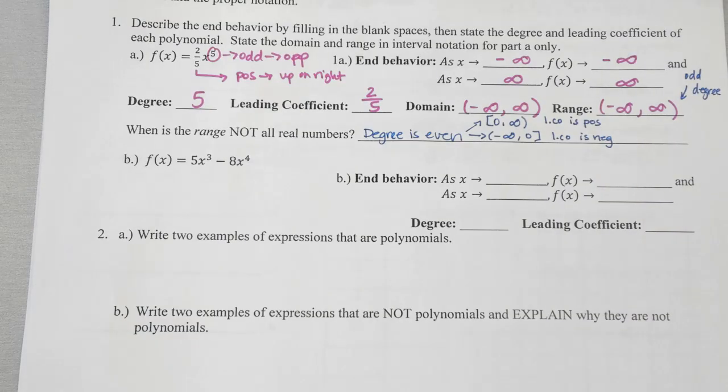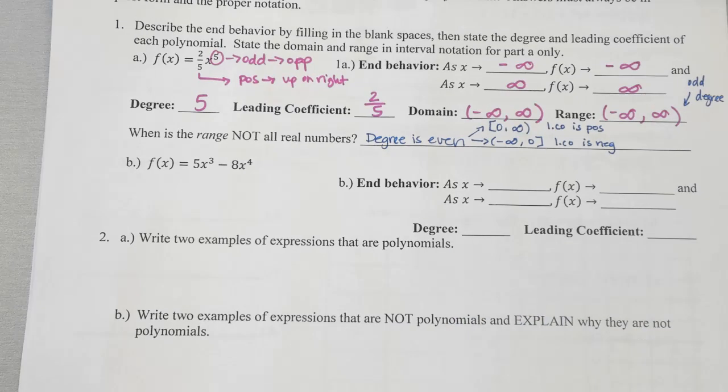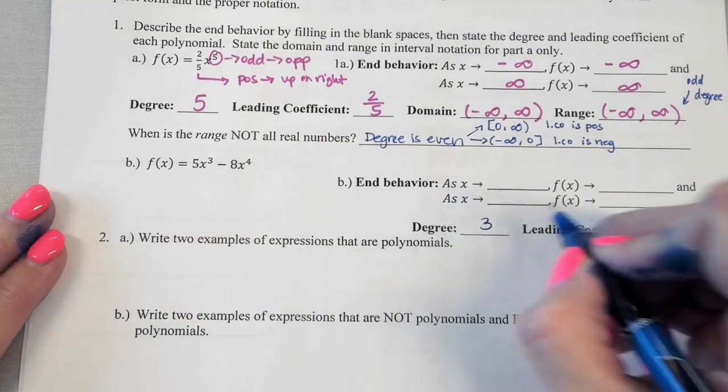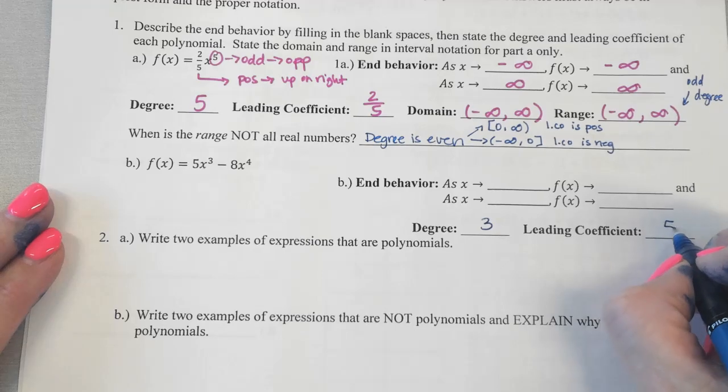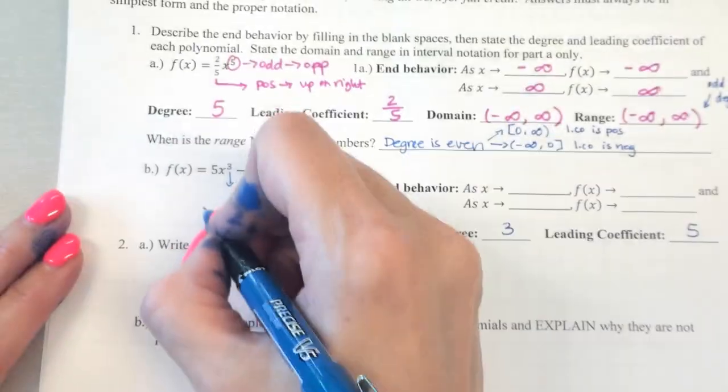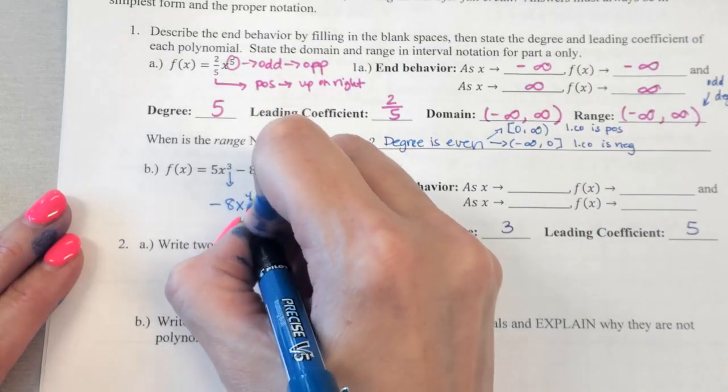Okay? All right, and then for B, we have to do the degree and the leading coefficient. You have to say what it actually is. So for degree, don't write odd. You're going to write 3. The leading coefficient is 5. Okay, and when you do this, make sure you put it in the proper order.